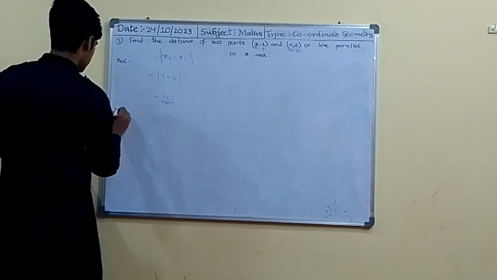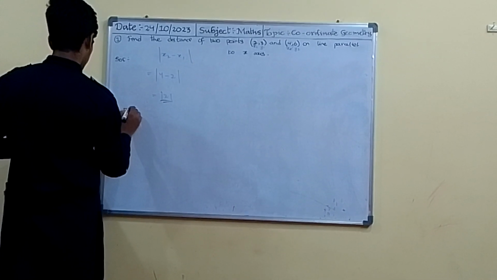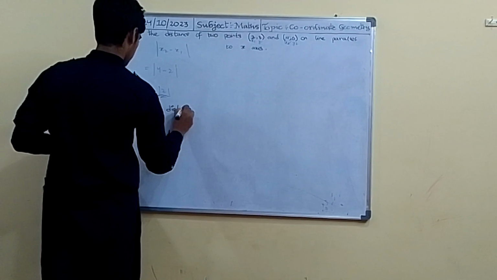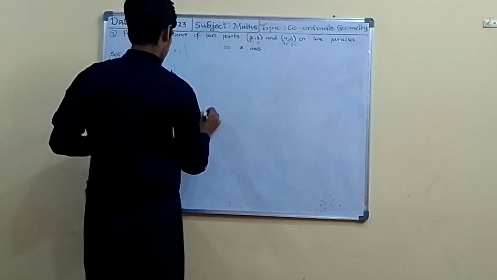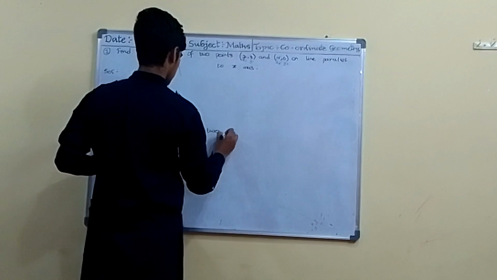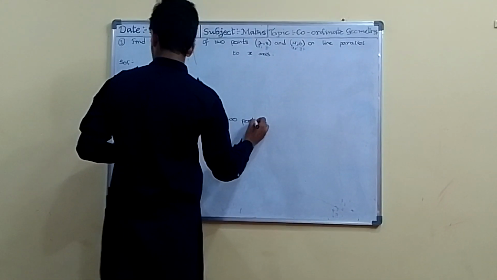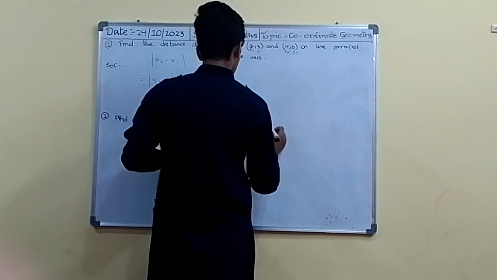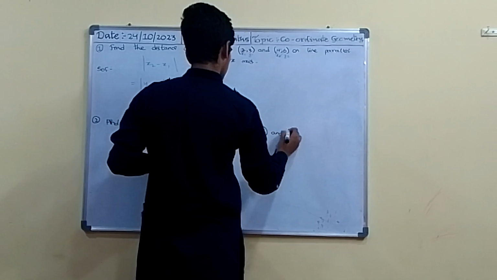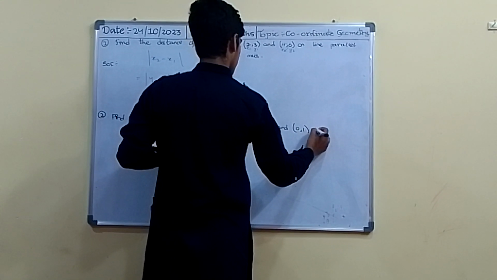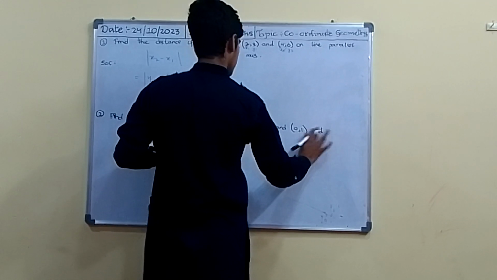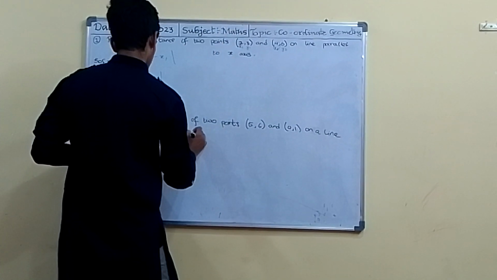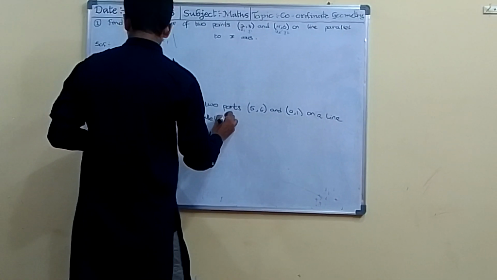Again the next question is, find the distance of 2 points 5, 6 and 0, 1, on a line parallel to the y-axis.